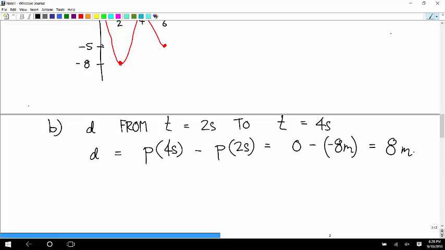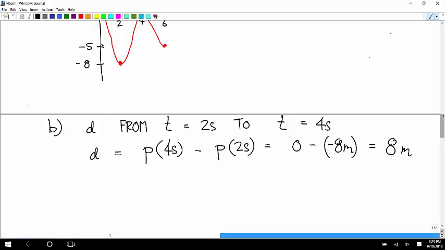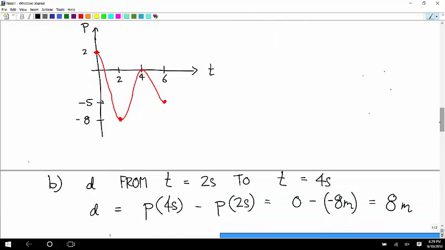Okay, so between those two instants, well, I should be careful. At those two instants, the person is at two different spots, right? The distance between those spots is the absolute value of this. In this case, it's 8. And the sign of the displacement tells you whether the person has gone overall in the positive or negative direction.